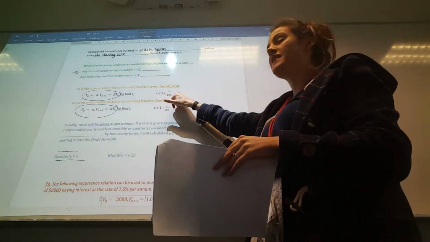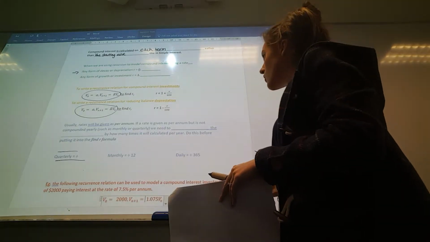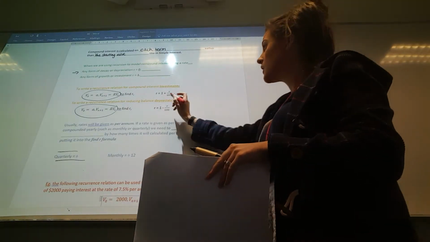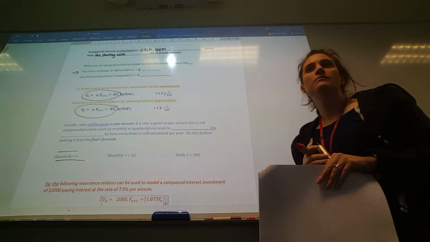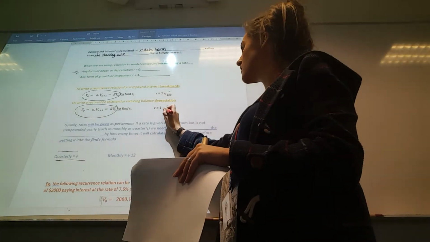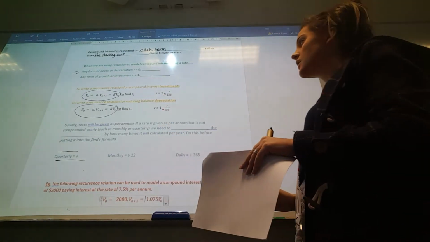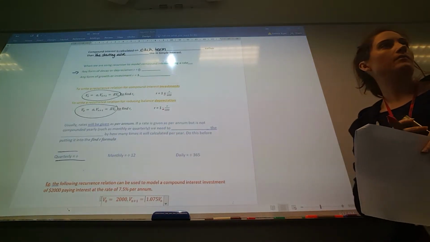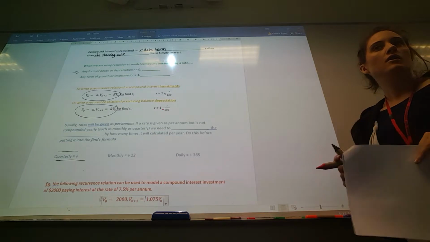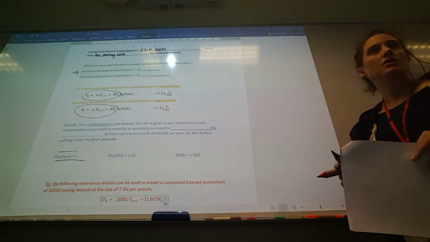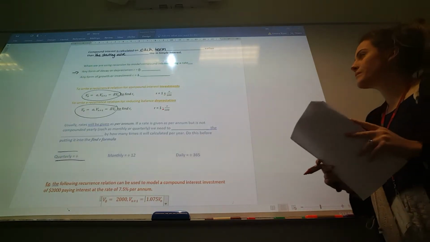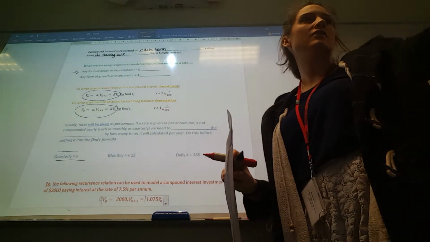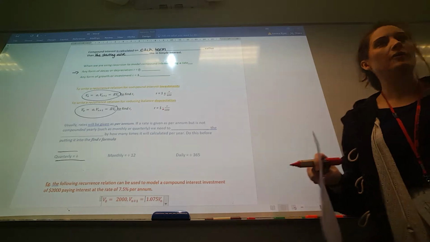If we're talking about investment, which is increasing, we have a plus in our formula. If we're talking about going down or depreciating, we have a takeaway. Any questions? Do we have to write anything down? No. Okay. Just saying it'd be 0 point, or 1 point, yep.